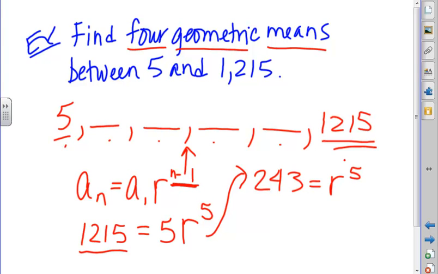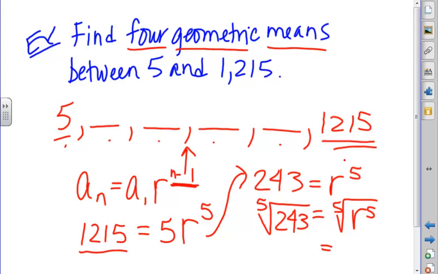So if it says r to the 5th equals 243, I'm going to take the 5th root. If you don't know the 5th root of 243, you can put a 5 on the screen and use your calculator to figure it out. That turns out to be r is equal to 3.